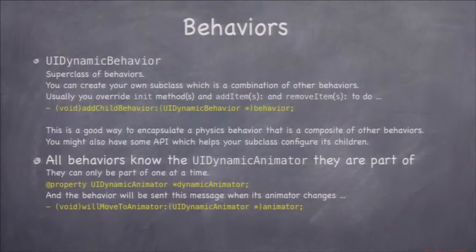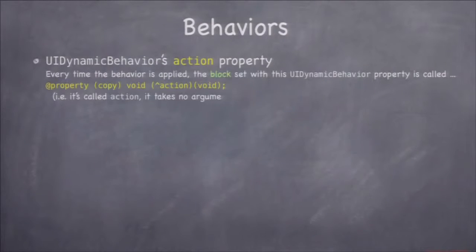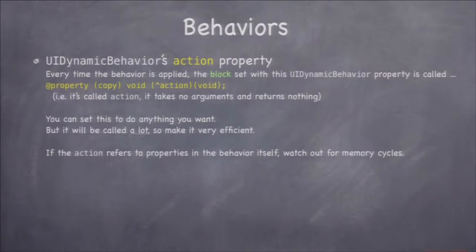Okay? And the last thing I'm going to tell you about behaviors, really cool property, is a block called action. This block returns nothing and takes no arguments, so it's a basic block. This block you provide, you just say my whatever behavior, gravity behavior, collision behavior, whatever, dot action equals a block.